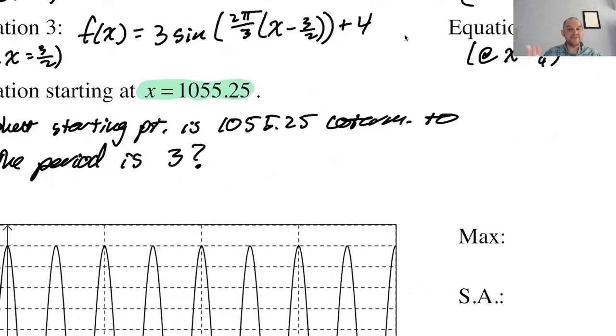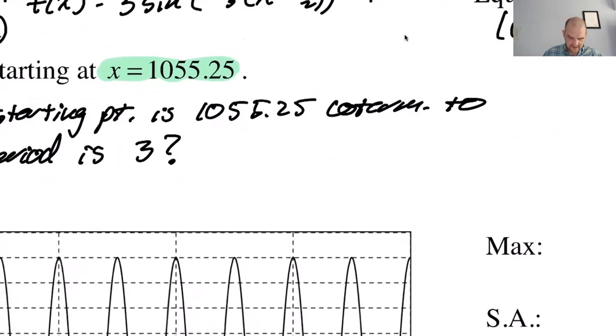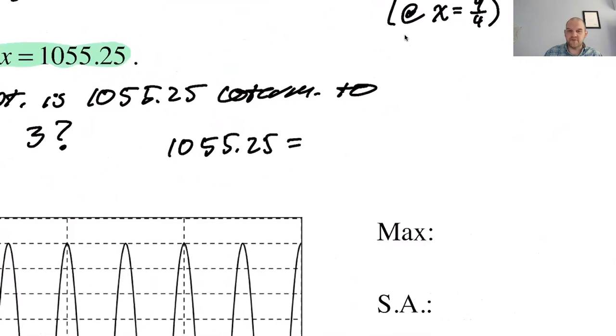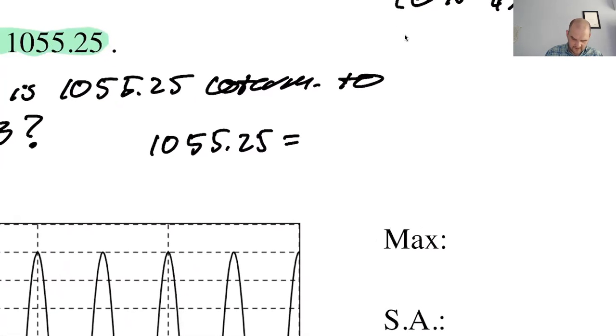right? So what I'm thinking is I can break 1055.25 into a multiple of 3 plus some extra. So that's what I'm going to try to do. So I'm going to do 105. So that's 6. So if I add another 3, it's still divisible by 9, and then plus 2.25. So this is going to be the thing it's coterminal to.